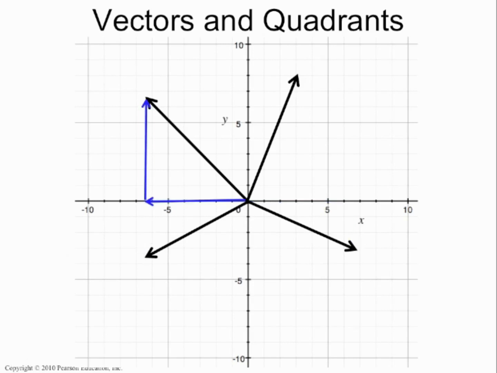And finally, in quadrant 2, we have the horizontal component negative and we have the vertical component positive. Okay, so remember that vectors are often described as, or in relation to, the quadrants of the Cartesian coordinate system.